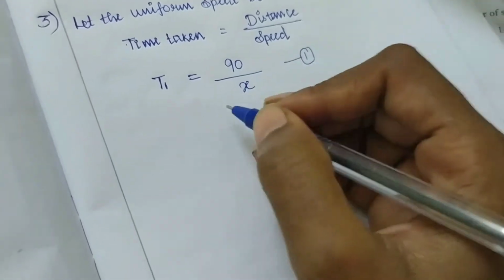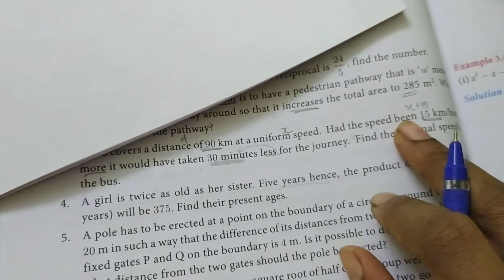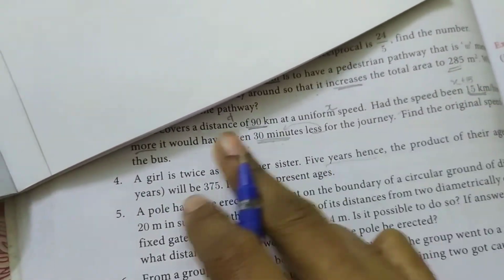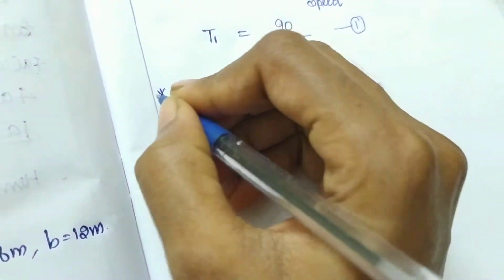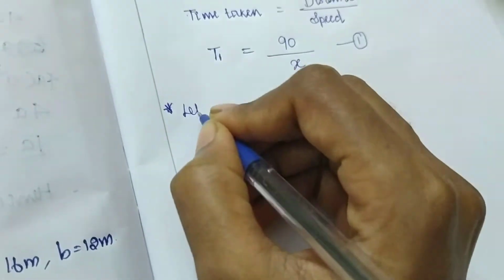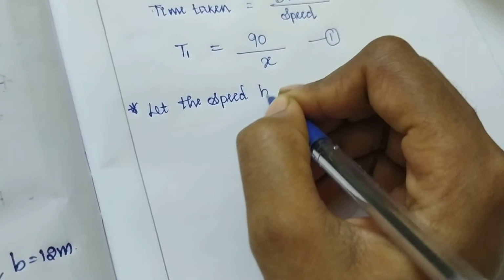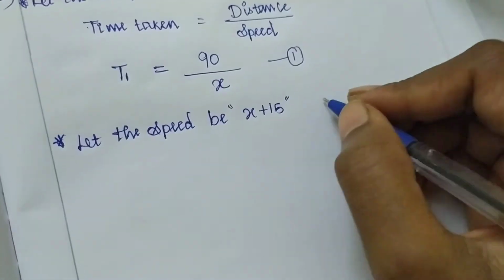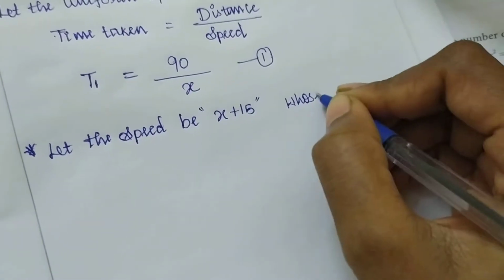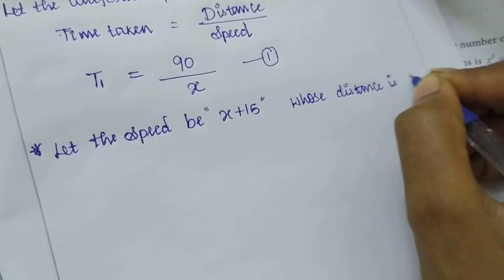Then next they mention add the speed, 15 km per hour more. So next let the speed be x plus 15, whose distance is the same 90 km.